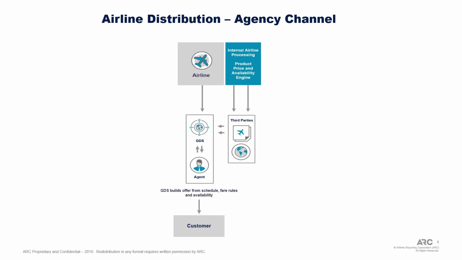The important part here is that today, for the most part, the GDS is the one building the offer from the schedules, fare rules, and availability. So that's a key point in how distribution is done today. Then the agency will do the search within the GDS and provide a number of different options to their customers in a variety of formats, either online or via phone or through a corporate booking tool.